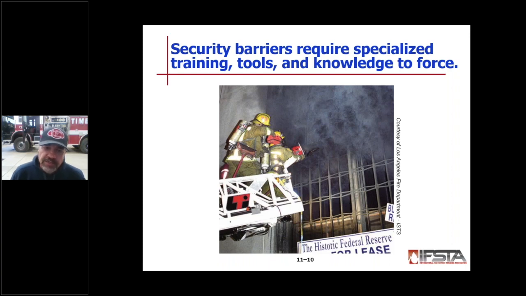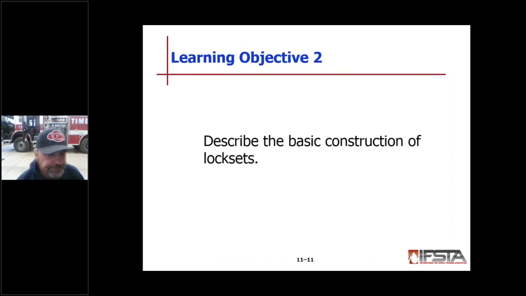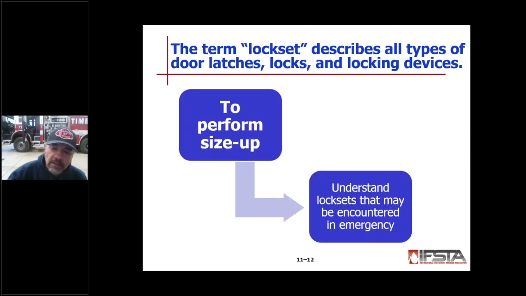Also, we need to understand what knowledge is necessary for defeating these barriers, what tools beyond our normal forcible entry tools, and then how are we going to be approaching these to defeat them. So the first set of construction details that we'll be talking about are the typical lock sets.